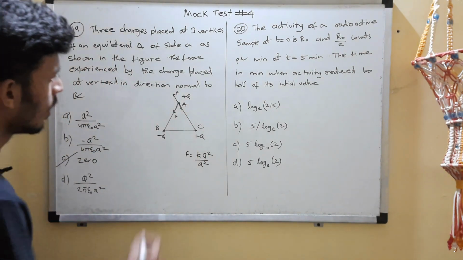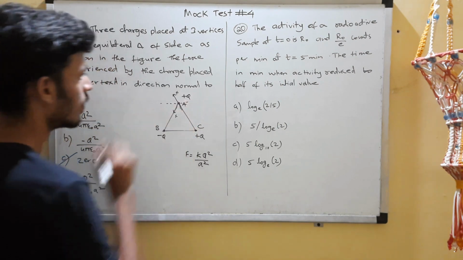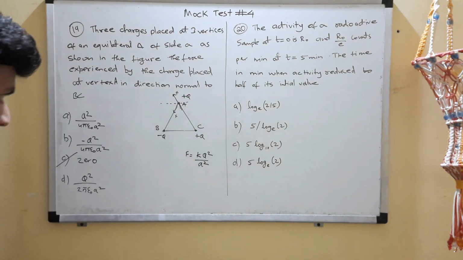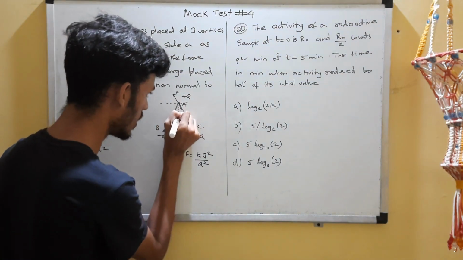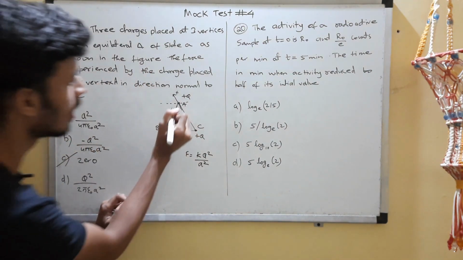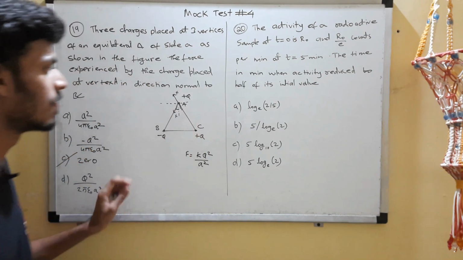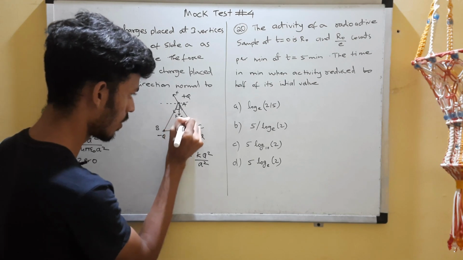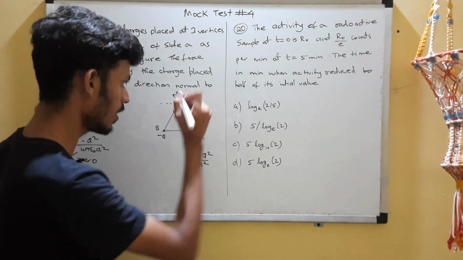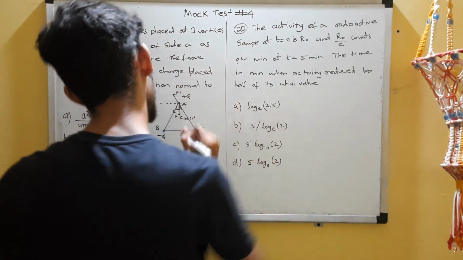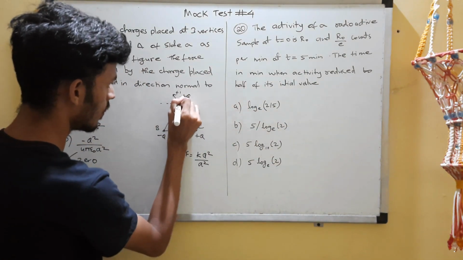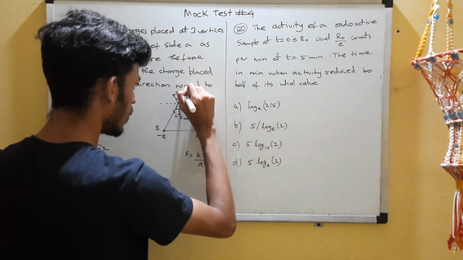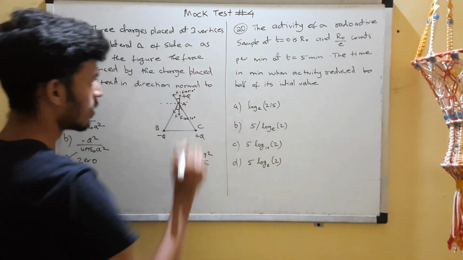As shown, now we are only concerned about the vertical component. We are supposed to find the net force in the direction normal to BC. If I split this up, this angle will be 30 degrees, since the entire angle is 60 degrees and this is half of that. So here we'll have F cos 30, and here also F cos 30. This is a vertically opposite angle, so this is also 30, giving F cos 30.